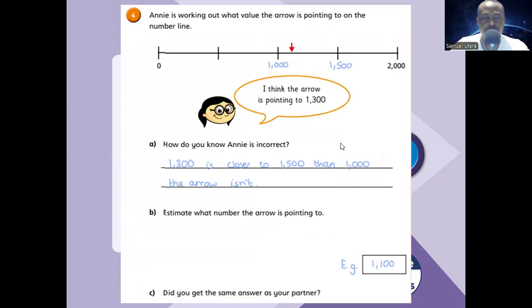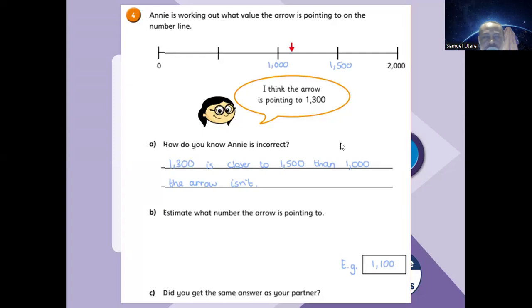For B, for A, you ask, how do you know Annie is incorrect? We know Annie is incorrect because 1,300 is closer to 1,500 than 1,000.